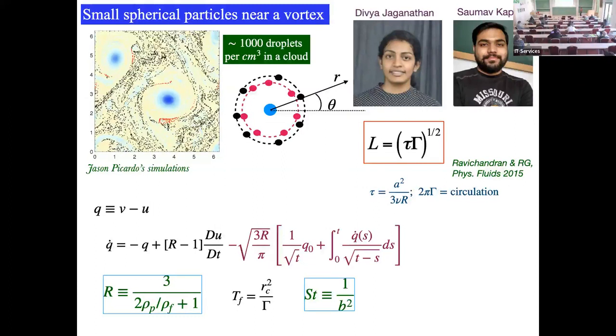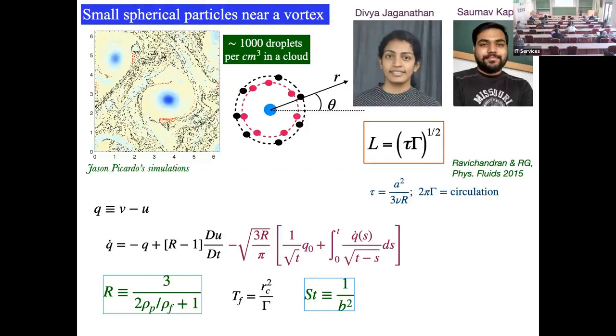Now we have this time scale of the fluid, which we saw earlier in the surface tension case as well for the Lamb-Oseen vortex, which is some typical vortex size divided by its circulation. Based on this fluid time scale and this particle time scale, we can write down a Stokes number. The Stokes number just goes as 1 over b squared, where b is just the typical thickness of the vortex in these length units.